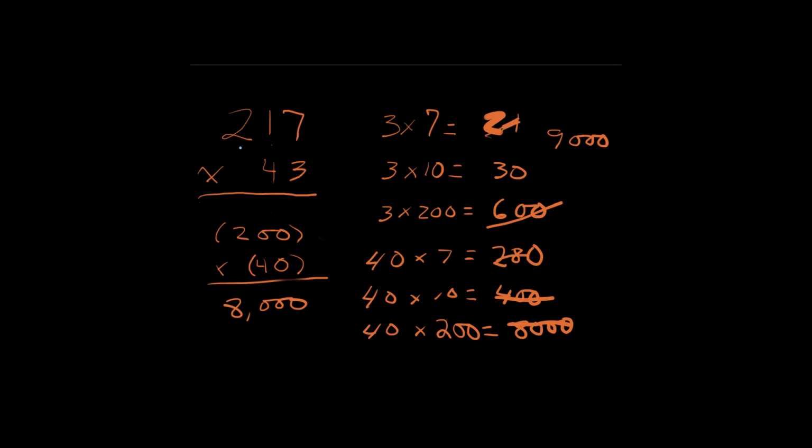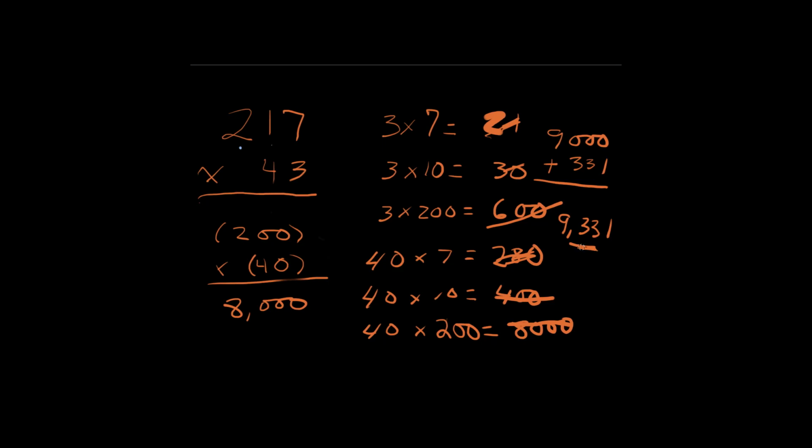So let's get that out of here. 301 plus another 30 will be 331. So even though we had all 6 numbers there, finding compatible numbers makes this a little bit easier to add. So now we're going to put our 331 together. So 9,331 ends up being our final answer to this 3-digit by 2-digit.